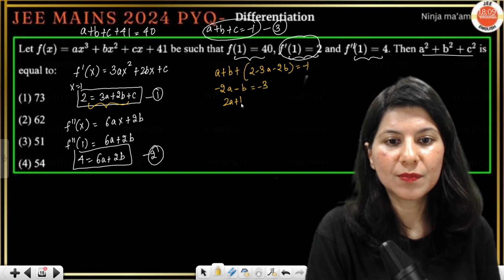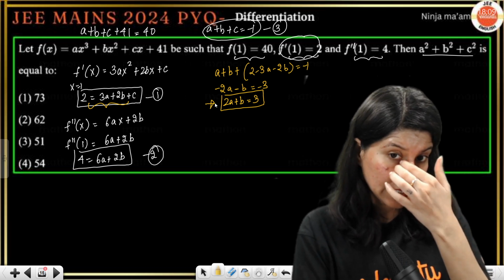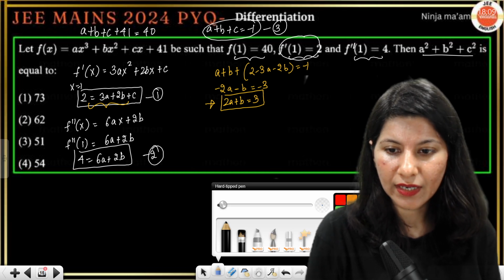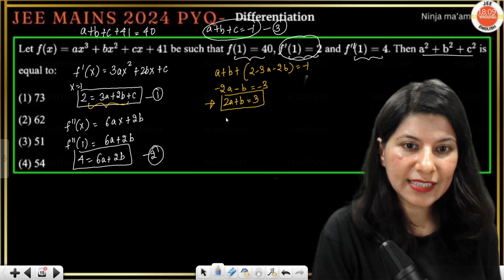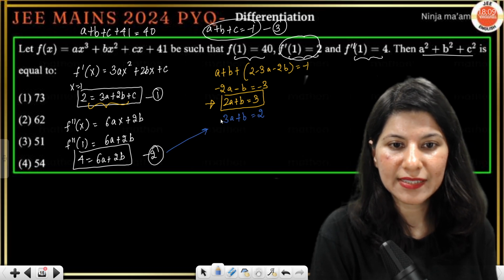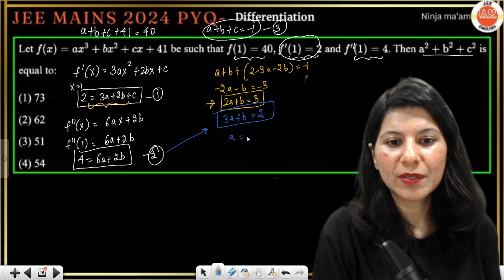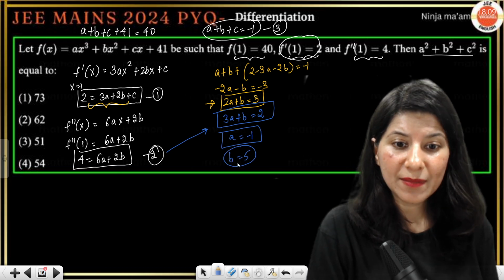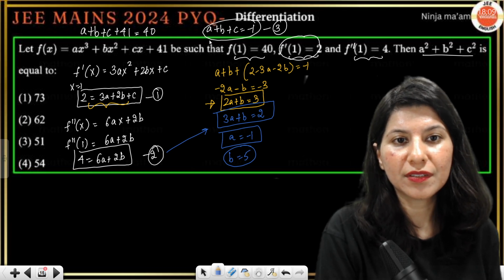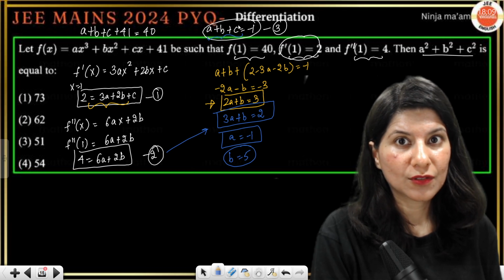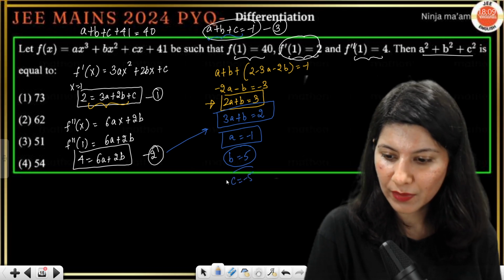So 2a plus b equals 3, correct? And now 6a plus 2b is equal to 4, so 3a plus b is equal to 2. By subtracting the second, a will be equal to -1. If a is -1, b will be equal to 5. If you put it over here, 5 minus 1 is 4, so c is -5.